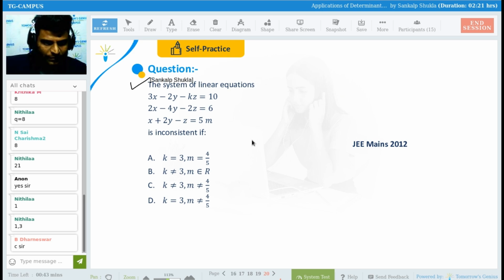Now this one, the system of linear equations is inconsistent if k is equal to this and m is equal to this, or k is equal to something and m is not equal to something. Do that question also and let me know the answer.